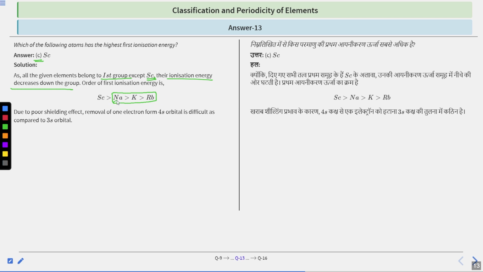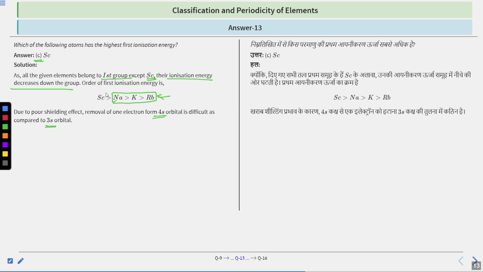But scandium does not belong to the first group. And this order of sodium, potassium, and rubidium is due to poor shielding effect. The removal of one electron from the 4s orbital is easier as compared to the 3s orbital. That's why this is the order between these three elements.